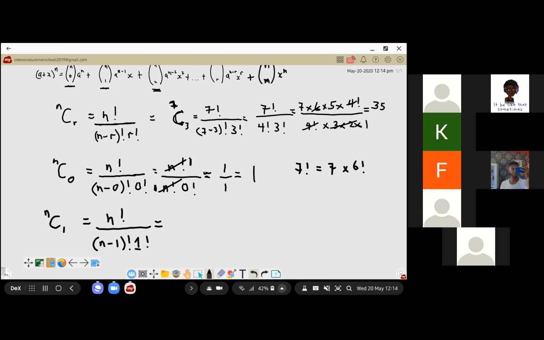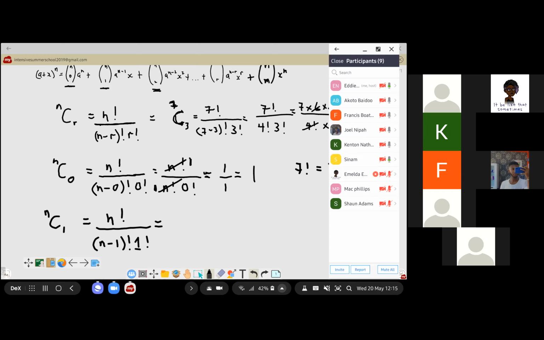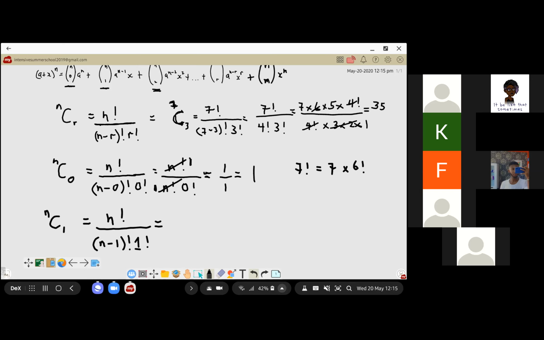Do you believe that? Yes, we can write 7 factorial as 7 times 6 factorial, where 6 factorial is 6 times 5, 4, 3, 2, 1. Is it clear?